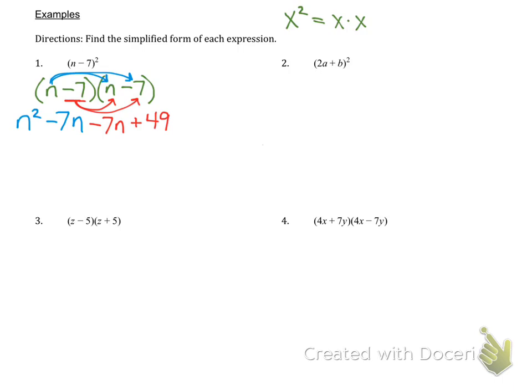Now I'm going to simplify this expression by combining like terms. So I have a negative 7n and a negative 7n. So that becomes negative 14n. And then I'm going to bring down my n squared and my positive 49. So now my new expression is n squared minus 14n plus 49.